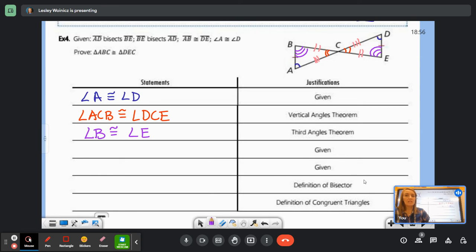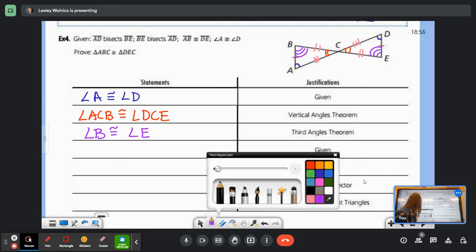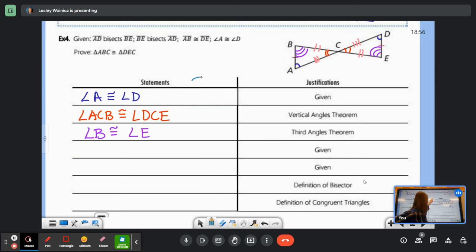We're trying to prove these triangles congruent. To get the triangles proved congruent, we have to show that all of their angles are congruent and all of their sides are congruent. So we just got all of their angles proved congruent. That was this bit that we just did.